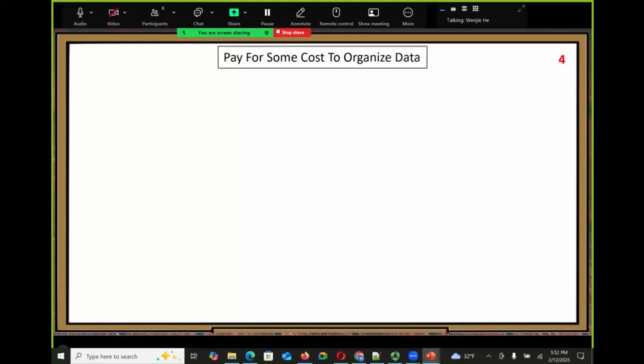This time we want to do some preparation work to organize the data. But you need to pay some cost to organize the data. So for our method 2, we need to put some investment in data structure, mainly to organize the data with a more user-friendly data structure.